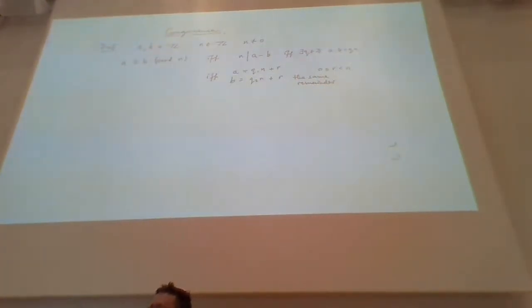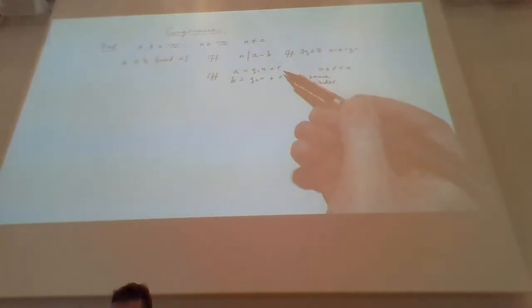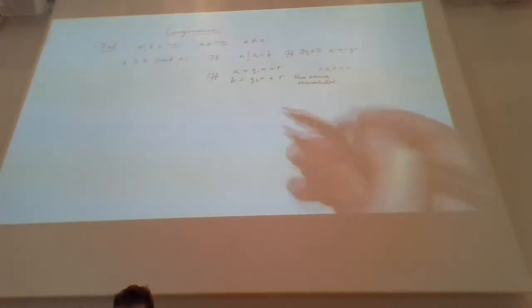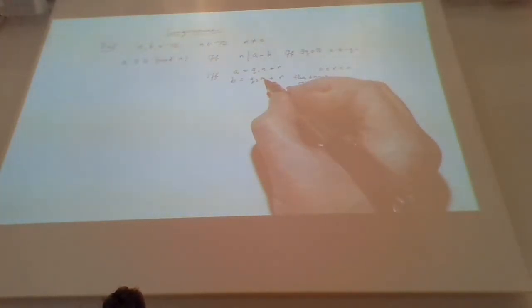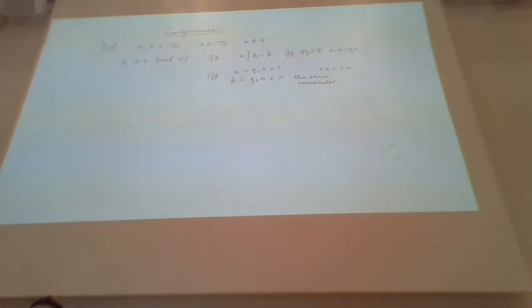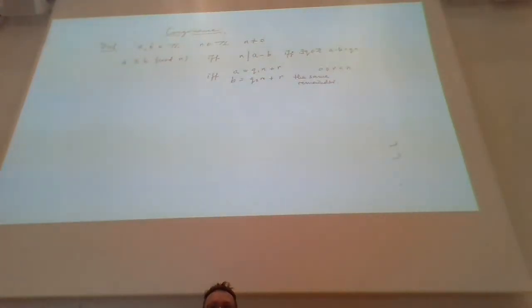So you notice I haven't put a subscript 1 and a subscript 2 on the remainders. It's the same number coming out. So n goes in a certain number of times into a, and a certain number of times into b, but the small remainder that you get, the non-negative but strictly less than n remainder, is the same for both of a and b. That's equivalent to saying a and b are congruent modulo n.